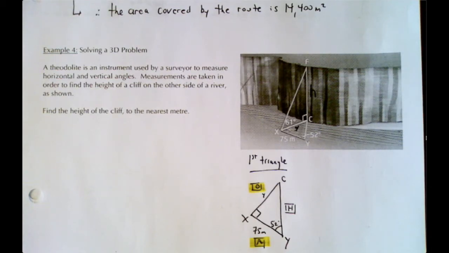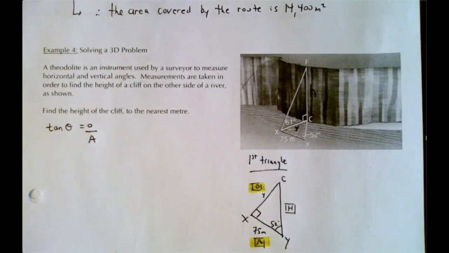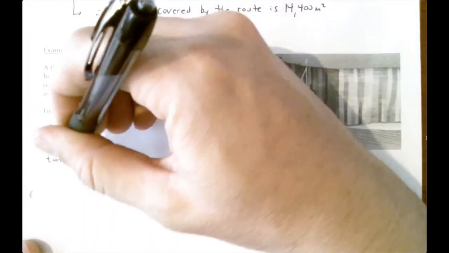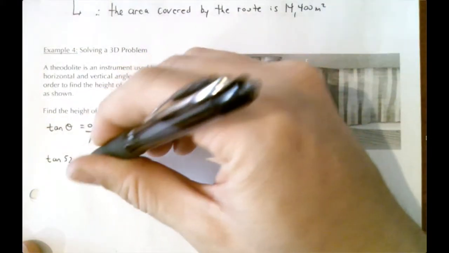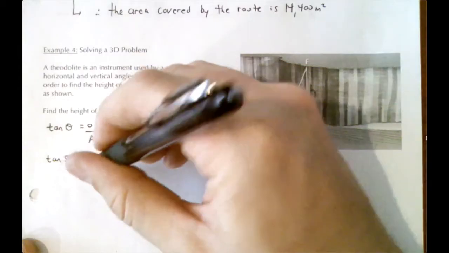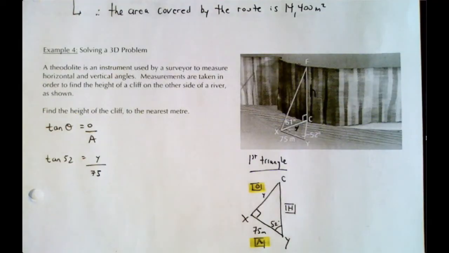So we're going to use tan. So we're going to write a tan equation. Tan theta equals O over A. And let's fill in what we know. We know the angle is 52. The opposite side is our side y, and the adjacent side is 75. So if we solve for side y, we'll have that shared side.